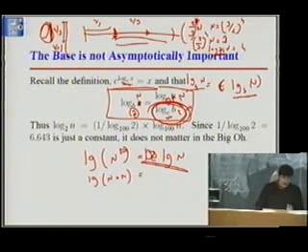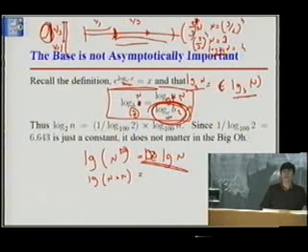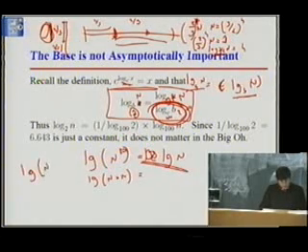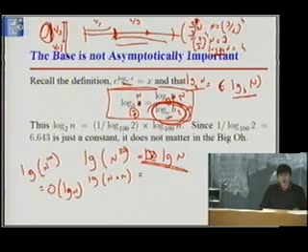Notice that the log of n to the 100 is asymptotically the same as the log of n. You see that? The log of any power, even log of n to the 100, is in big O of log n. Right?